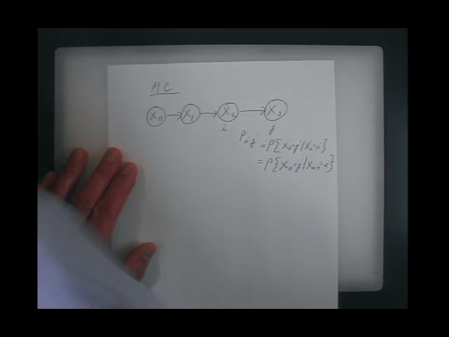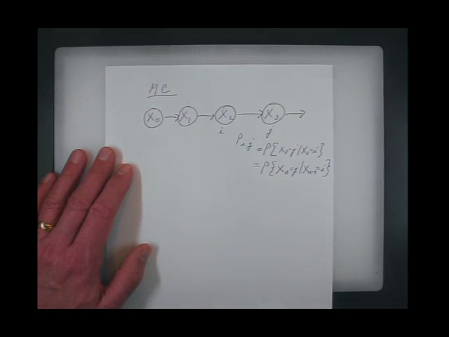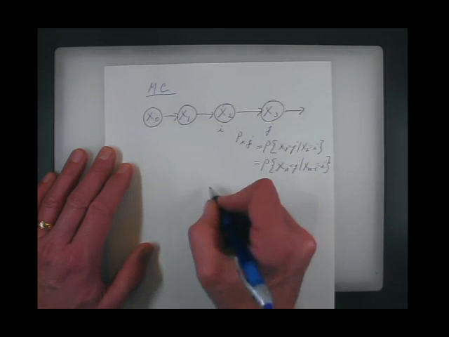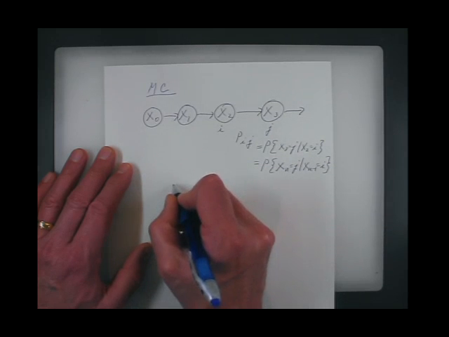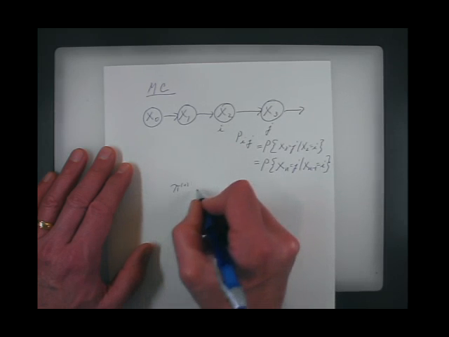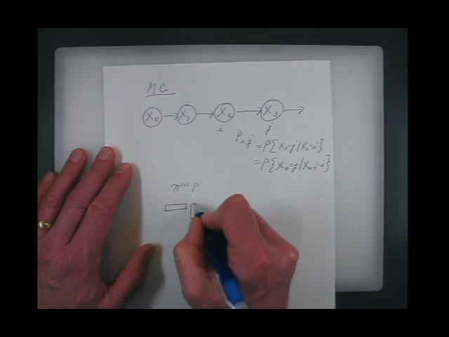And if you're an electrical engineer, you probably feel like, if you do this long enough, let me also say that if you write this as a matrix, then you have pi of 0 times P. So this is going to be like a vector times a matrix.